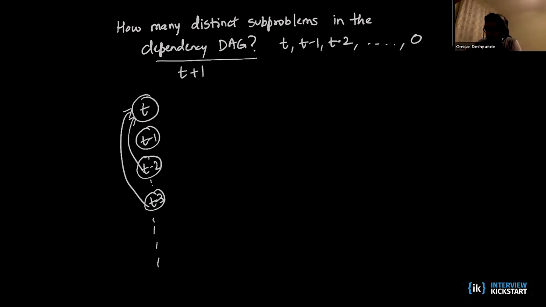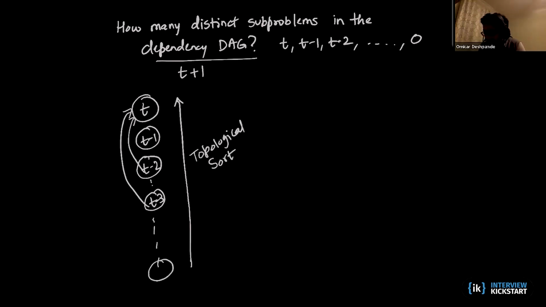And so it makes sense then to compute the solutions to all these subproblems in topological sort order, from a base case amount of 0 all the way up to the given amount t.